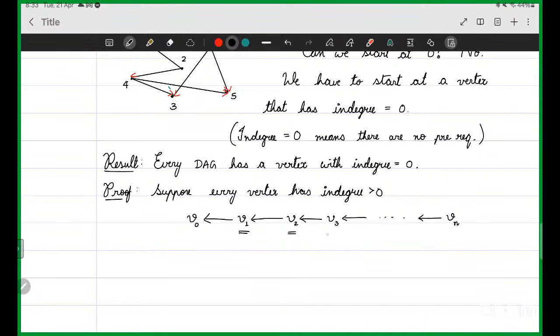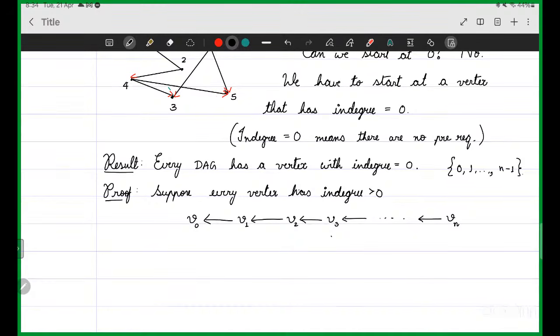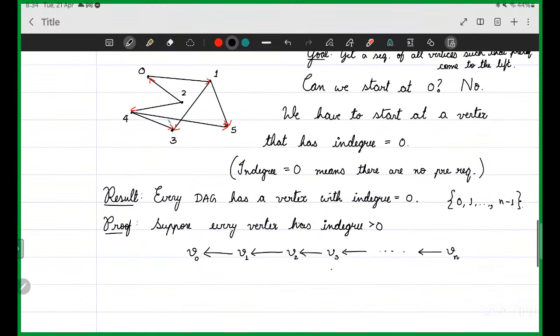Then I look at one of V2's parents or prerequisites or whatever. I get V3. I do this for n steps, right? And suppose my vertex set itself is 0, 1 up to n minus 1. I'm naming it as numbers as we usually do, 0 to n minus 1. There are n vertices, but there are n plus 1 vertices in this chain that I've listed.